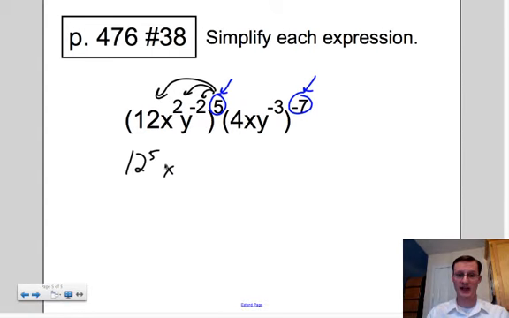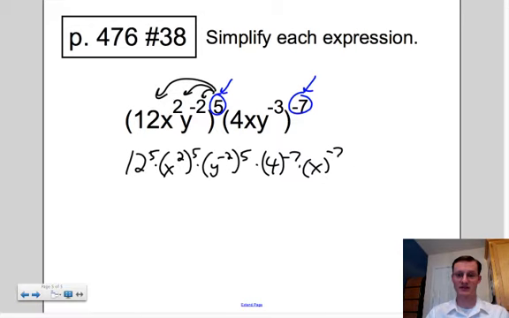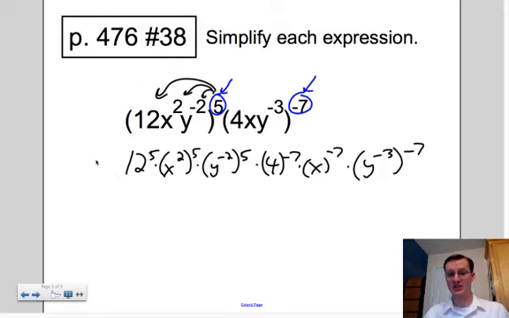12 to the 5th, x squared to the 5th, y to the -2nd to the 5th, and of course all this is times 4 to the -7th times x to the -7th times y to the -3rd to the -7th. Do you have to do this step? No, this is optional.